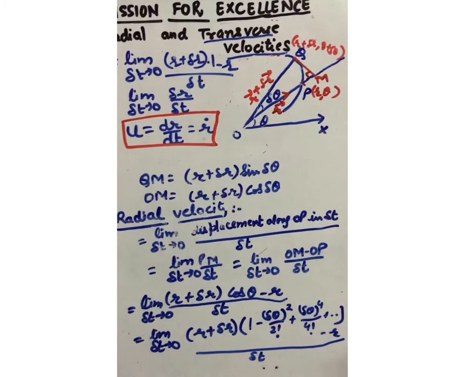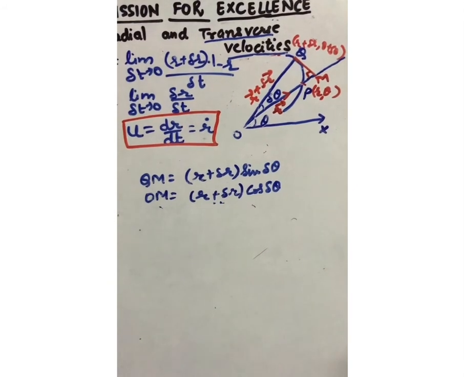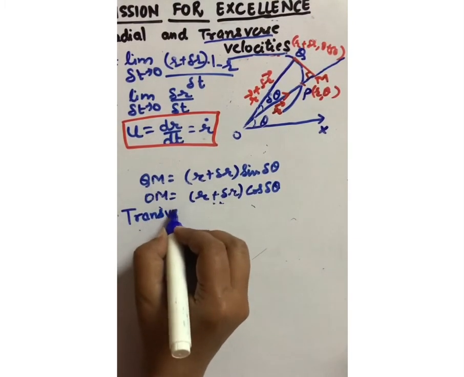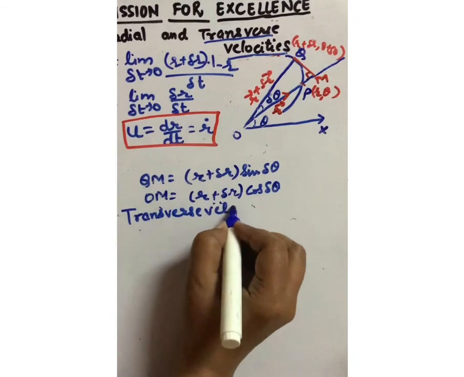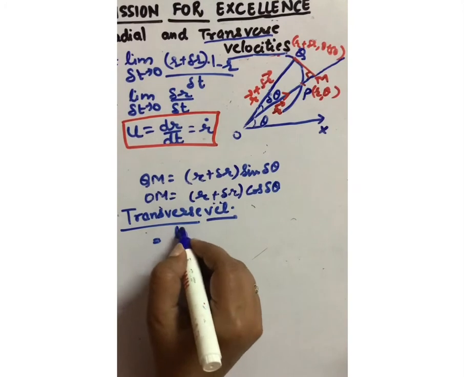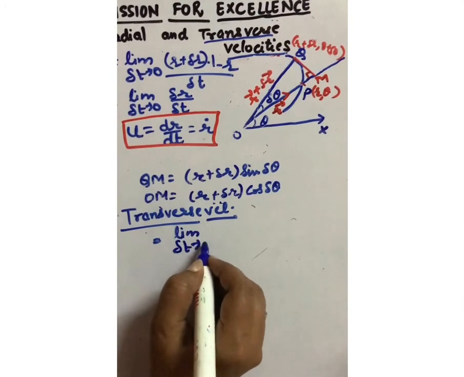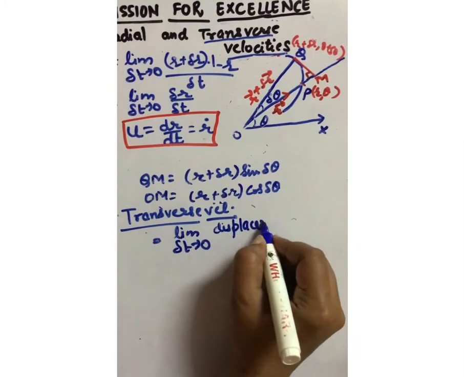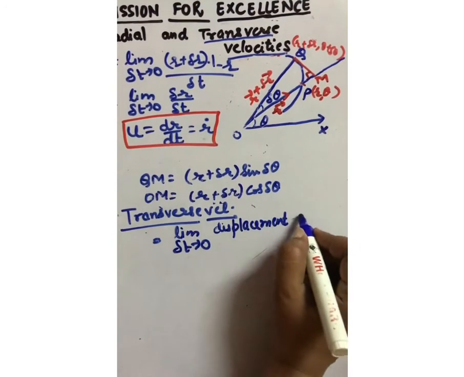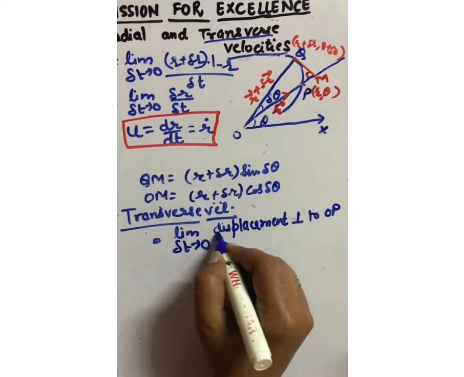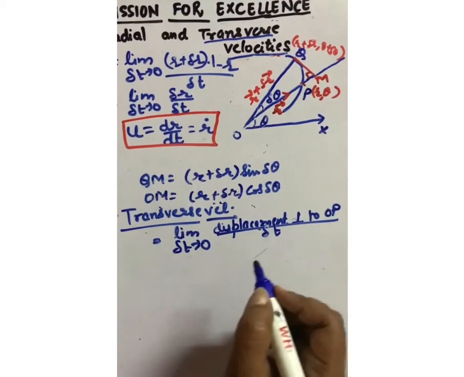So now let us derive the transverse component. So for the transverse, velocity is equal to the limit delta t tends to 0 displacement perpendicular to OP upon delta t.